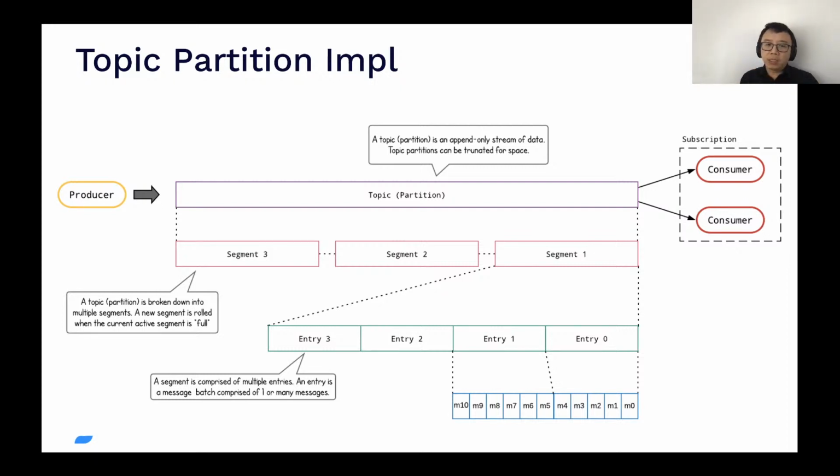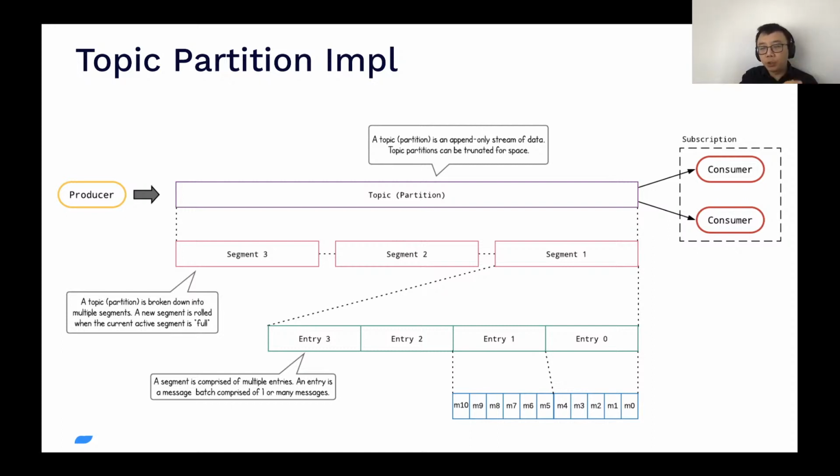The unit stored in a segment is called an entry. An entry is a concept from BookKeeper, but in Pulsar's concept, you can think of an entry as a message batch. An entry comprises multiple messages, and the batching is done at the producer side.